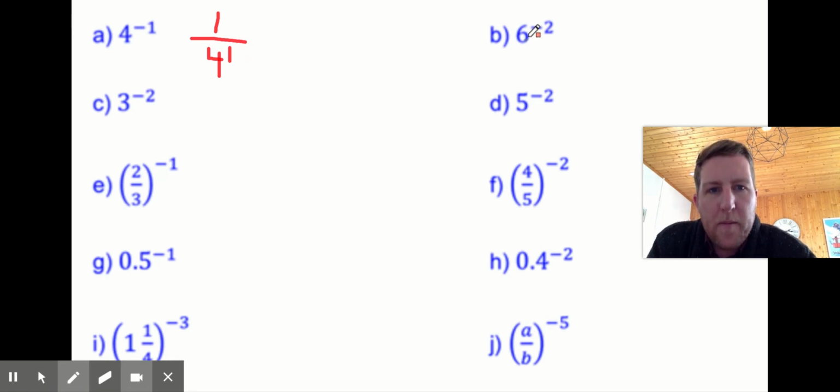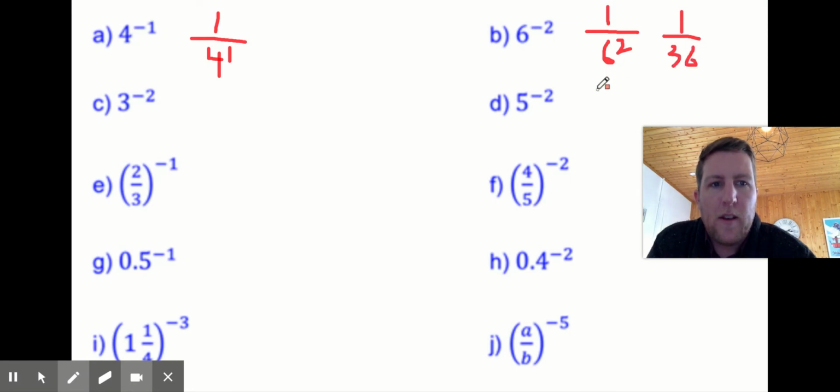In part B, 6 to the power of negative 2. So we switch it to a fraction, 1 over 6 to the power of positive 2 now. And if you wanted to work that out, 6 to the power of 2 is 36, so you could say 1 over 36. You have to excuse my writing because I'm using the trackpad.